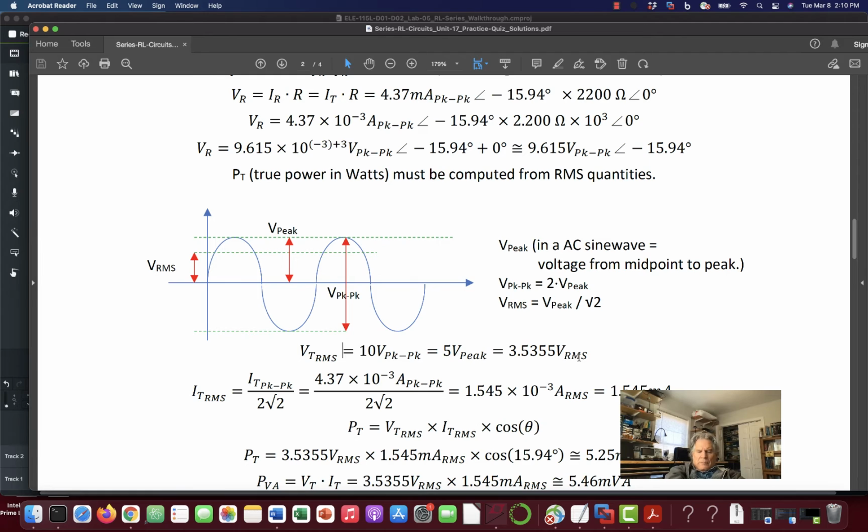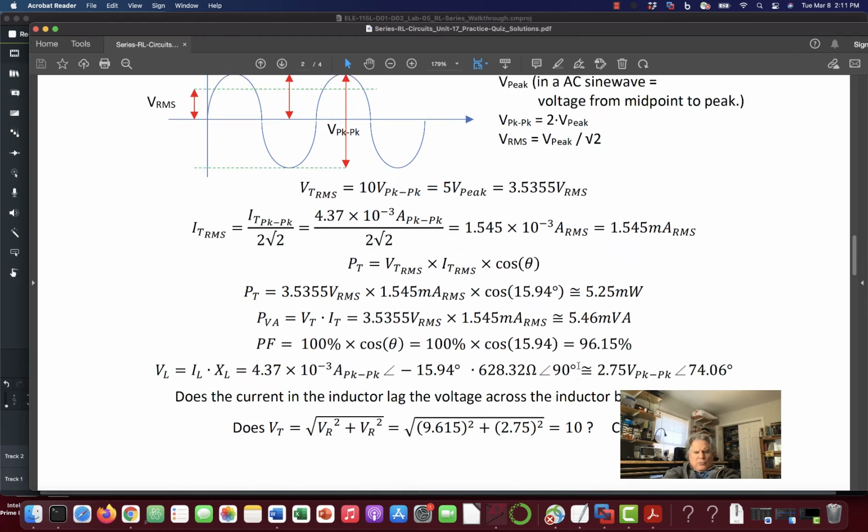So the AC equivalent to heating something up with DC, or the AC equivalent to doing any work with DC, is the RMS value of the AC signal.